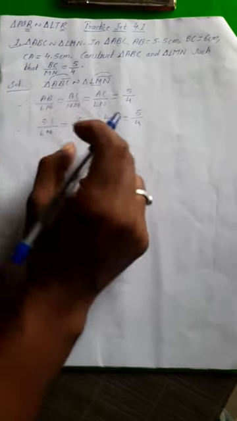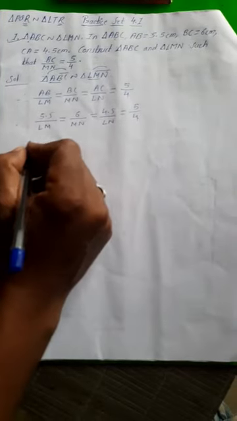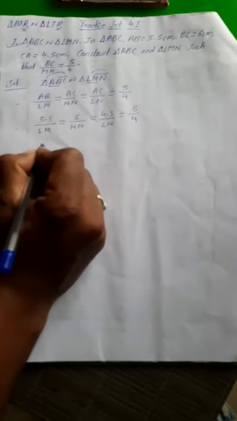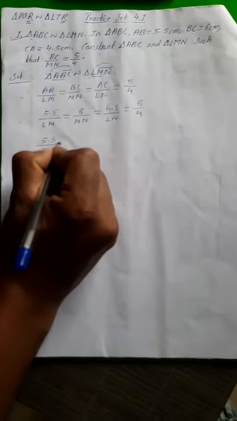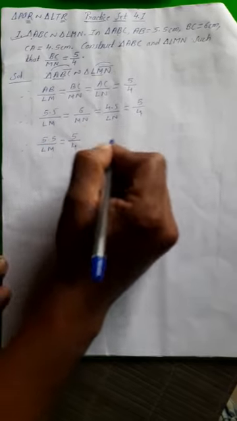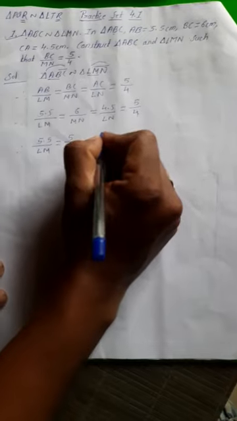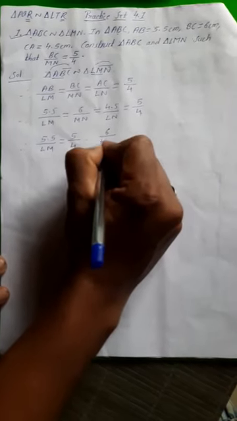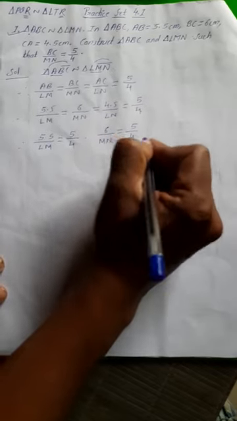Now we have to separate these ratios with 5 upon 4. So 5.5 upon LM is equal to 5 upon 4. This is the first one. Then second, 6 upon MN is equal to 5 upon 4.